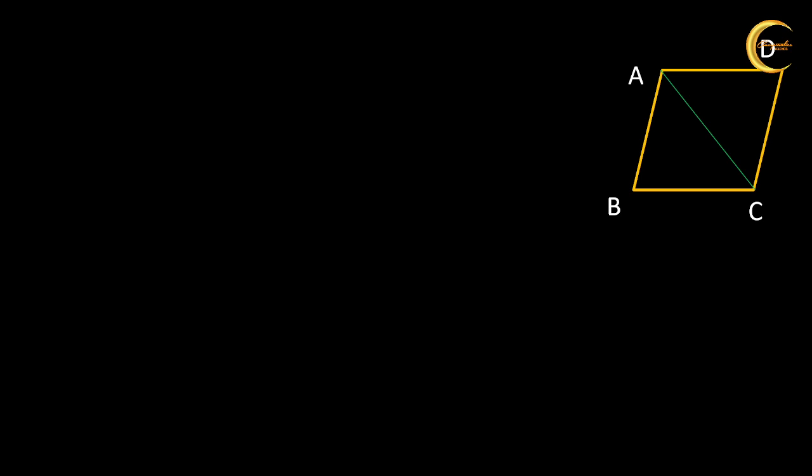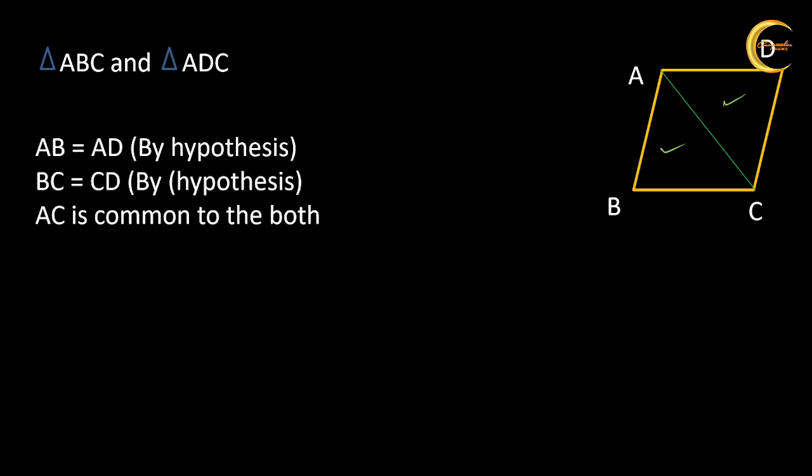Now you see here this is a diagram, and in this diagram ABC is a triangle and another triangle is ADC, and we have to prove these two triangles are equal in all respects. So how will we prove that? AB equals AD, this AB line equals this AD line. Okay. And BC equals CD. And AC is common to both triangles.